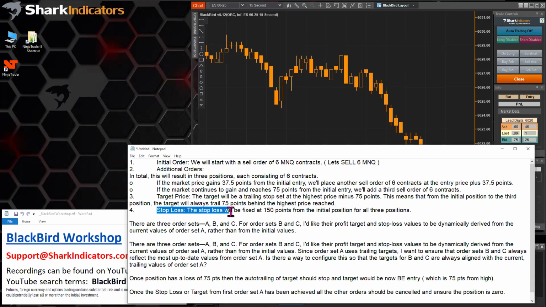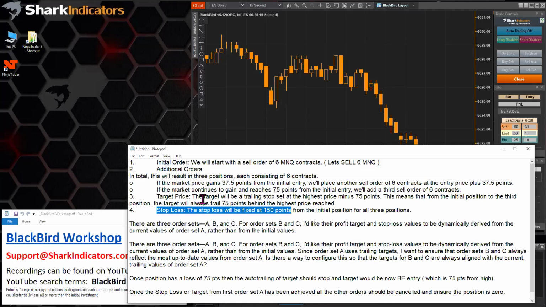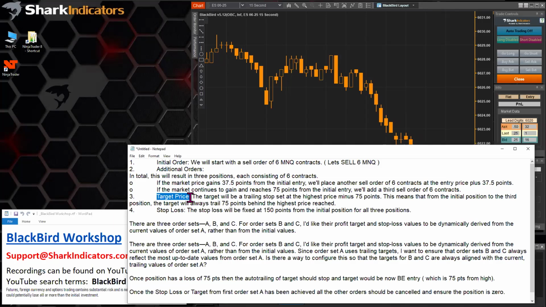So the stop loss is pretty straight. It's a basic stop loss. It's just a fixed 150 points there. So it's all straightforward there. The only component that has some complexity to it is the profit target here, and making sure that all the profit targets from all the different entry points line up.